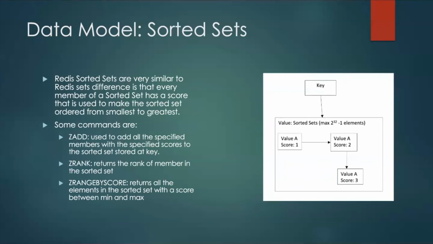Some commands are zadd, which is used to add all the specified members with specified scores to the sorted set stored at key. zrank returns the rank of a member in the sorted set. zrangebyscore returns all the elements in the sorted set with a score between min and max. There is also a diagram on the right side of the screen to help you visualize that.